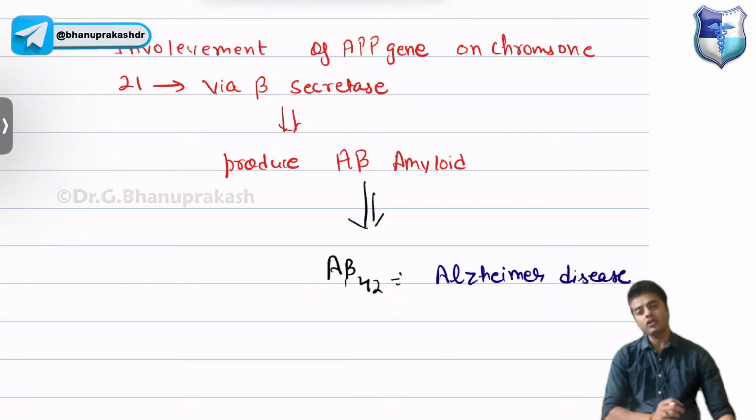Okay, everyone, got this concept? It is A beta 42 in this disease.